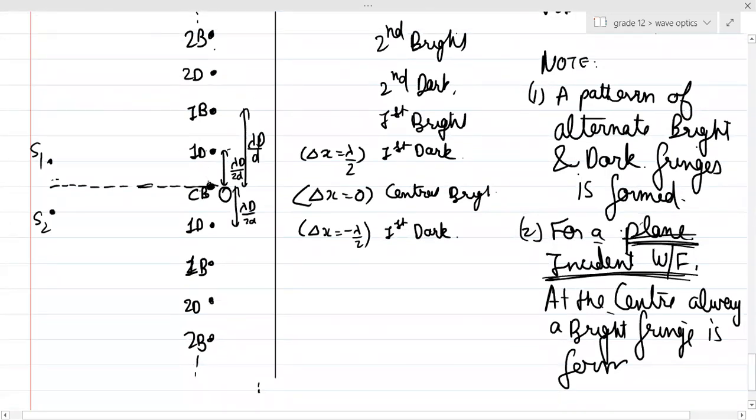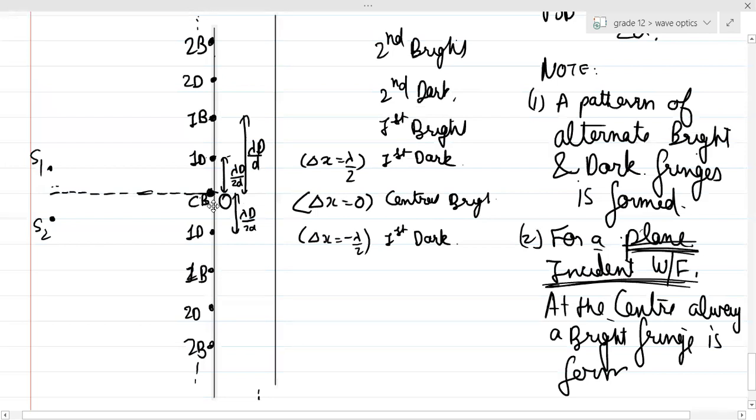Can you see the distance between central bright and first bright? What is the distance between central bright and first bright? It is lambda d by d, right? So this distance is also lambda d by d.